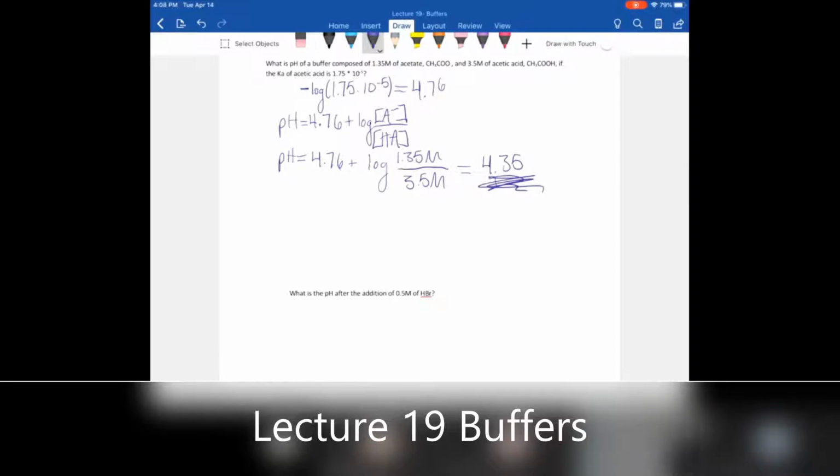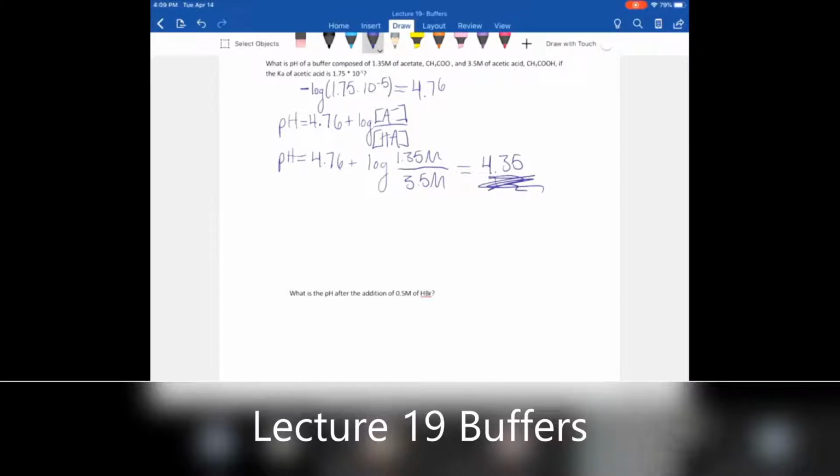So looking at this answer, does it look correct? Okay, it does. The reason it looks correct is that the pKa value is 4.76, and your pH value is lower than 4.76.